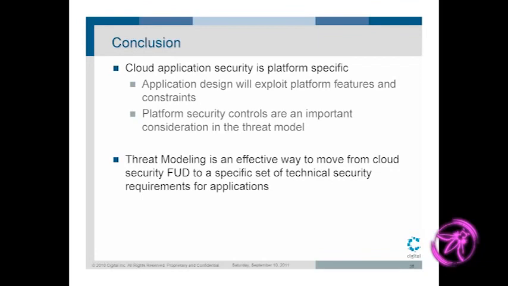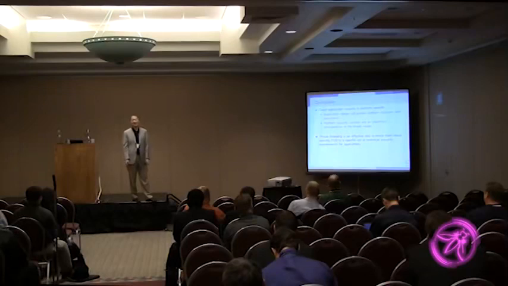So, in conclusion, the platform security proposals are really important. Understanding that platform and starting to treat the cloud like any other software development platform is really the key thing. Stop talking about cloud. Start thinking: it's AWS, we're targeting this other thing.